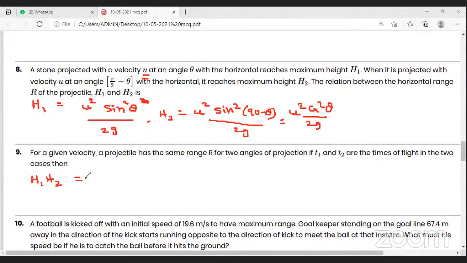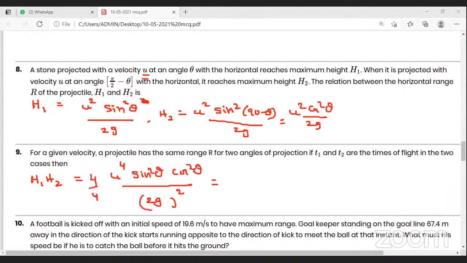If you multiply here, u square whole square will be u power 4, sine square theta into cos square theta by 2g whole square. Now, to get sine 2 theta, you can multiply with 4 and divide with 4.